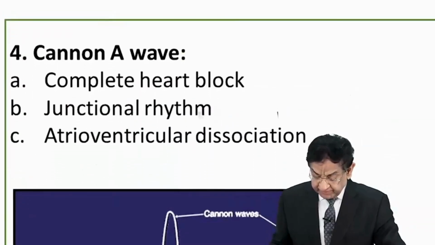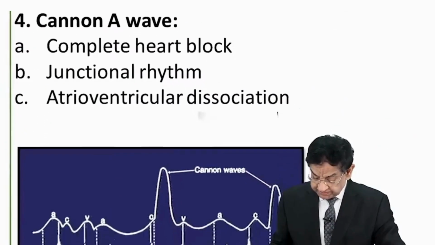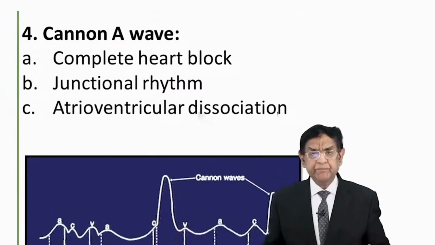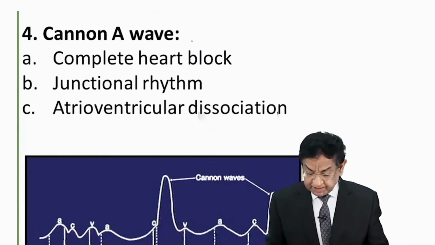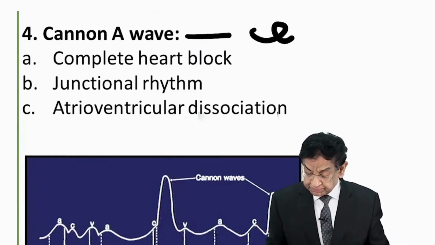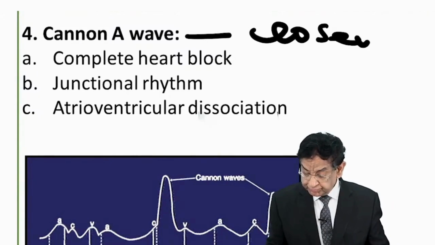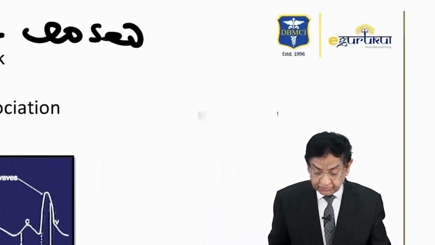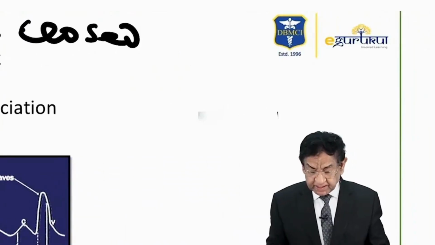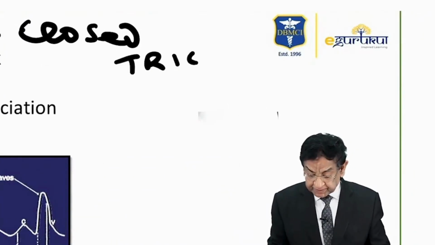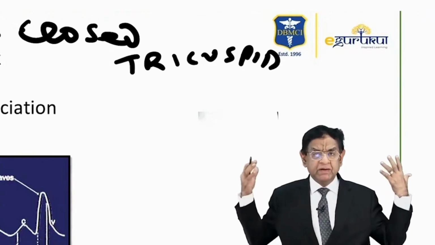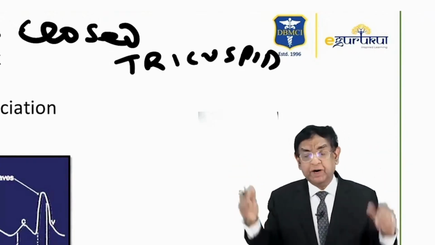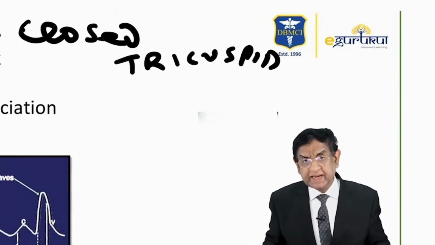But Cannon waves, that means very, very prominent A wave, occur when the right atrium is contracting against a closed tricuspid valve. That means the whole pressure will go upward, and that we call as Cannon A wave.